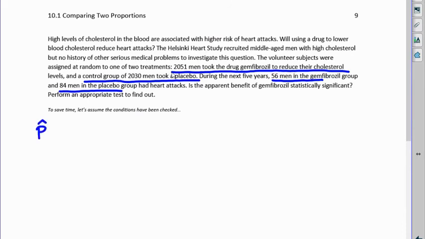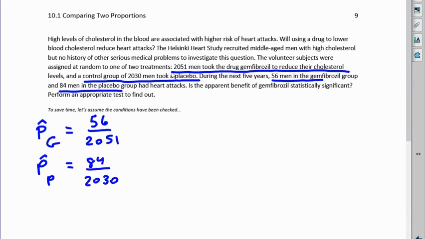So I would set up in my placebo group, and I had 56 out of 2051, and I have 84 out of 2030, and I want to know if it's going to lower my heart attacks. So let's see, we'll go PG minus PP.